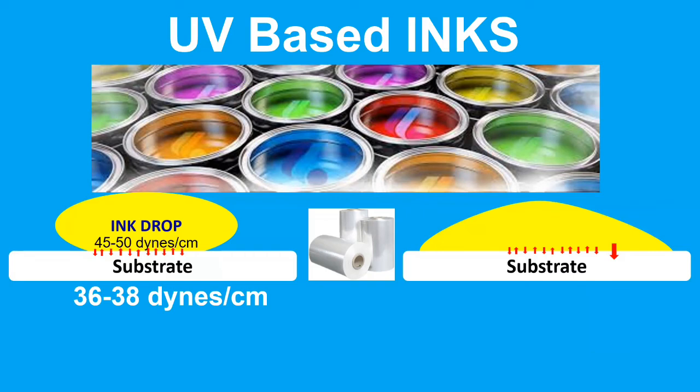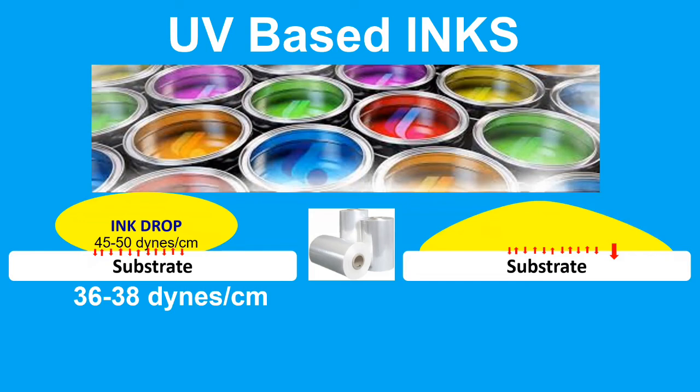For example, if the UV ink surface tension is 45 to 50 dynes per centimeter, and we are using a substrate of 36 to 38 dynes per centimeter, it means our ink adhesion will not be perfect. It will be very weak.